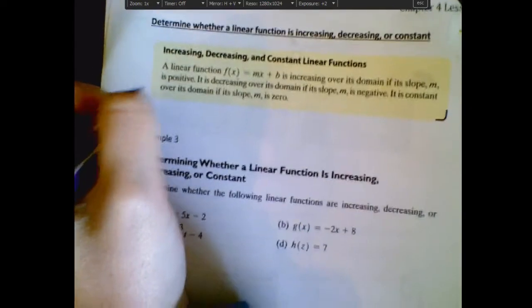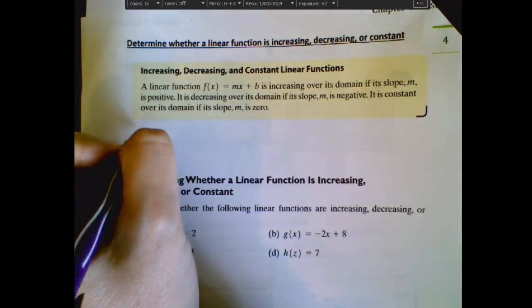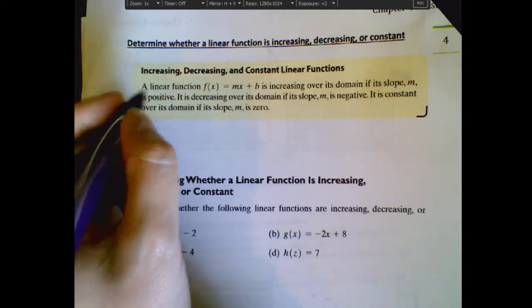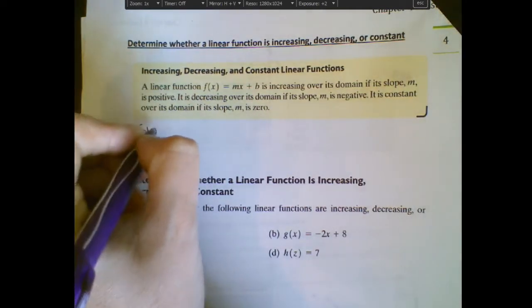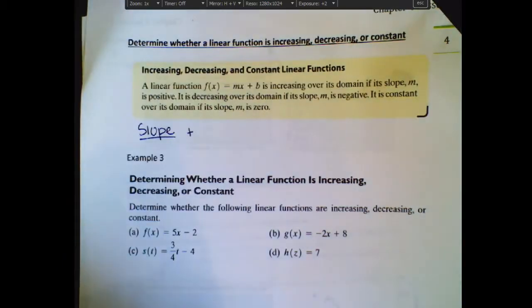The next page wants us to determine if these functions are negative, positive, or constant. So the way we determine if a linear function is negative, positive, or constant is using our slope. If our slope is positive, it's increasing.